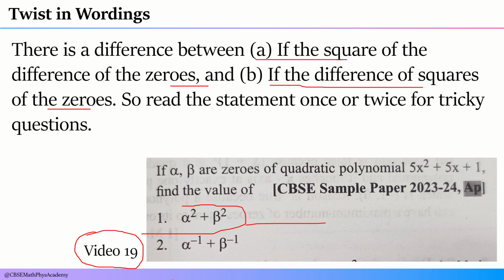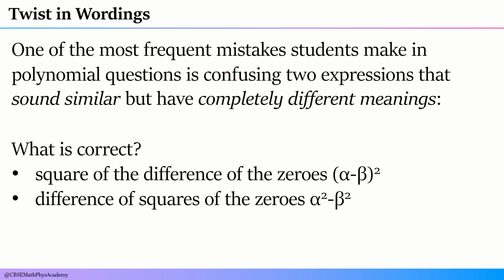Instead of giving a formula or numbers like this, they might simply ask for the square of the difference of the zeros, or the difference of squares of the zeros, or whatever. In this case, the square of the difference of zeros means the difference of zeros is alpha minus beta, and the square is alpha minus beta whole square.